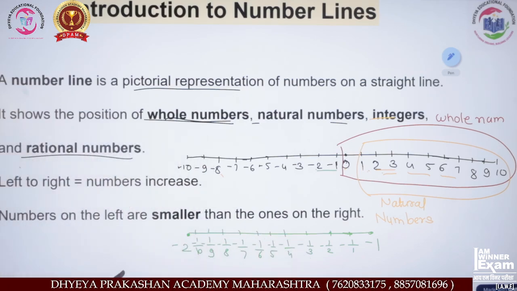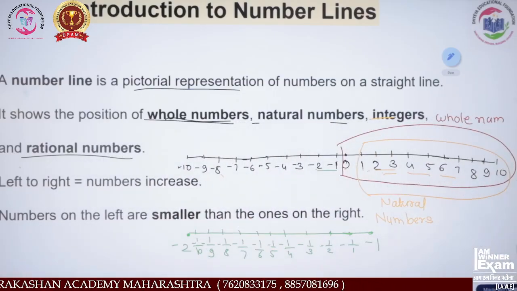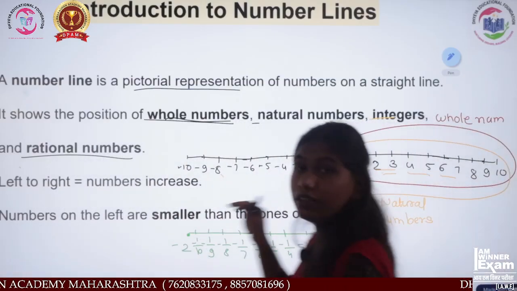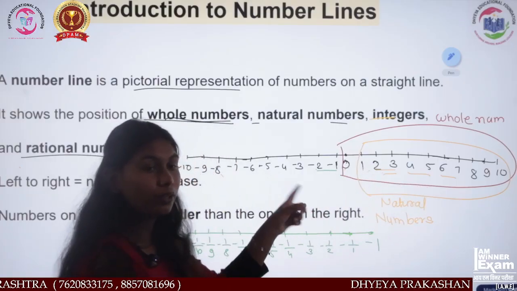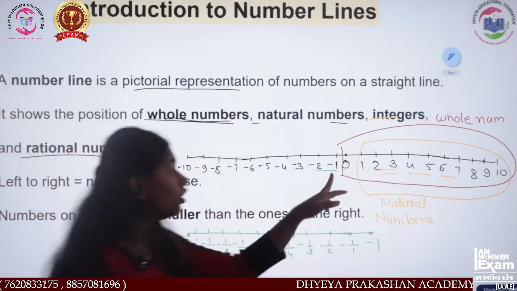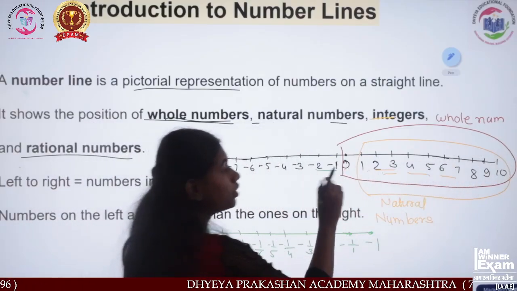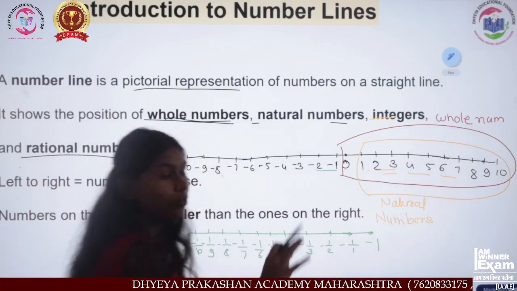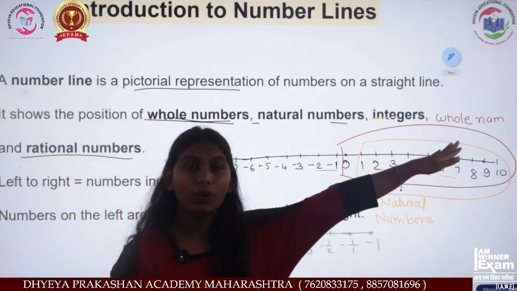So like this. Now if you see here, the numbers which are written on the left side and on the right side, the direction is flowing like this. On the right side, here 1, 2, 3, 4, 5, 6, it is going to the right side.